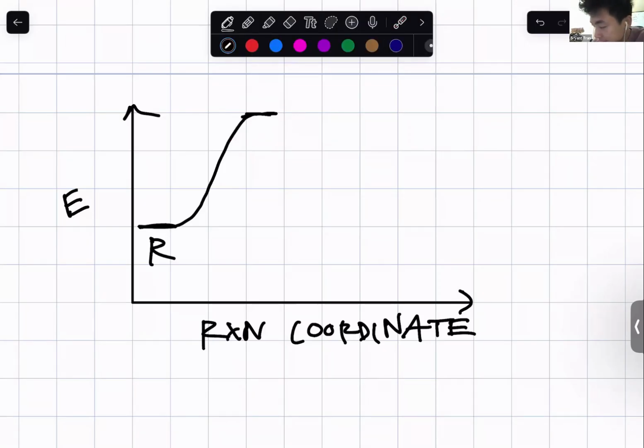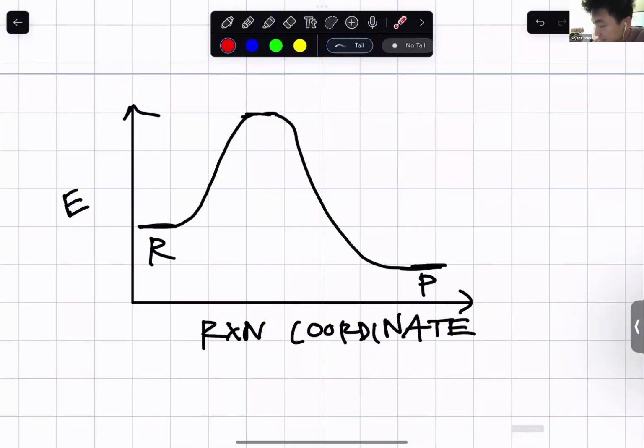And once it gets there, if this is an exothermic reaction, the products would be lower energy than the reactants, meaning the product is going to be more stable than the reactant because it has lower energy. If the transition state is early, do you think it's going to be closer to the reactant or product?